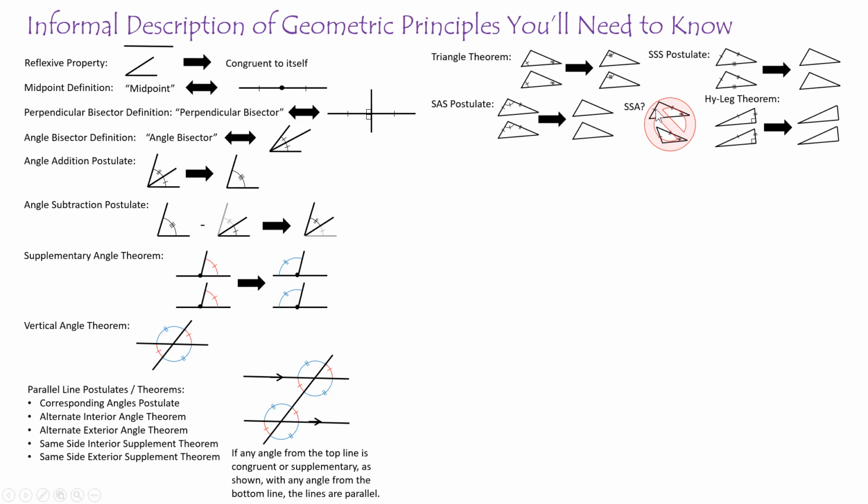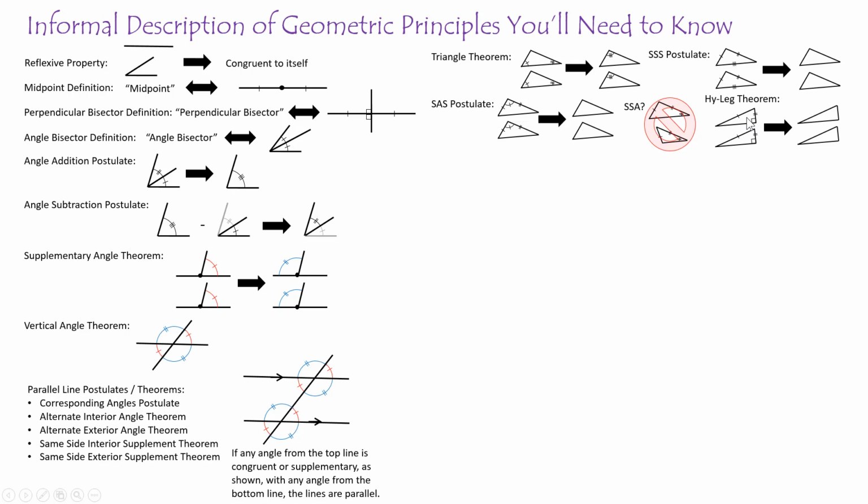If a side is congruent, a side's congruent, and the angle that's not included between the two sides, you can't prove that the triangles are congruent, because you can see in our example that's true in these two triangles. Those corresponding parts are congruent, but they're not the same triangle. So it doesn't work. SSA does not work. However, it does work if you have a side, and an angle, and that angle is 90 degrees.